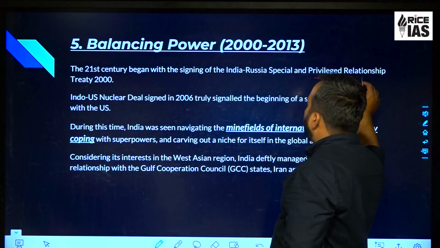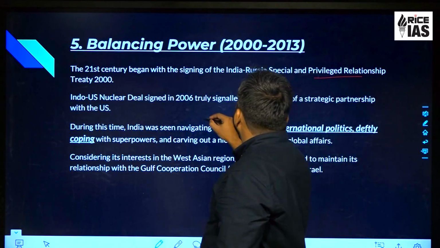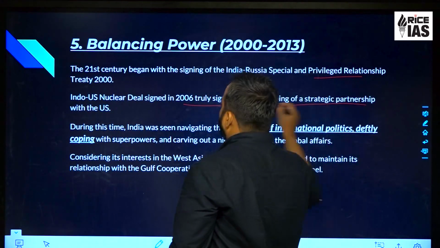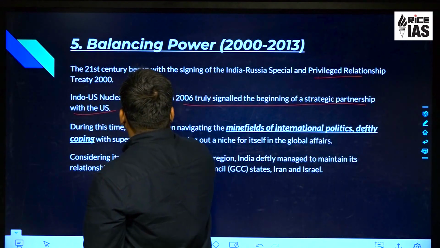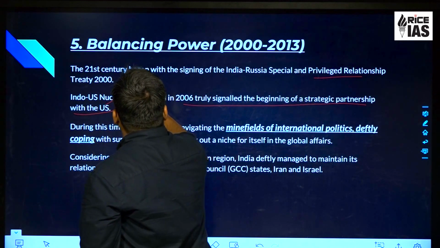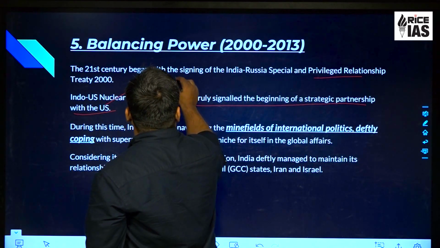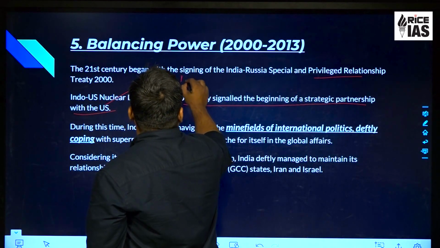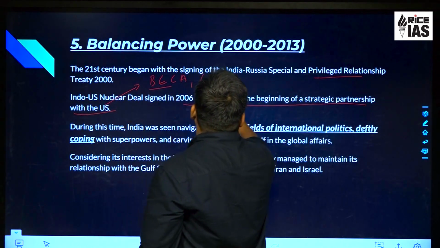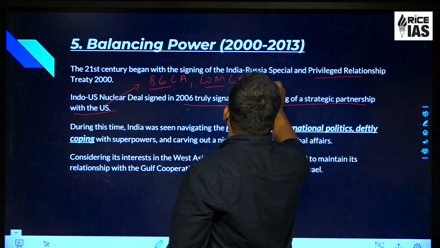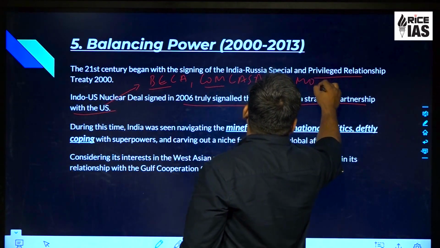India-Russia special and privileged relationship truly signals the beginning of a strategic partnership with the USA, and till now India has signed all the foundational agreements of cooperation: the basic exchange and cooperation agreement, COMCASA, LEMOA.